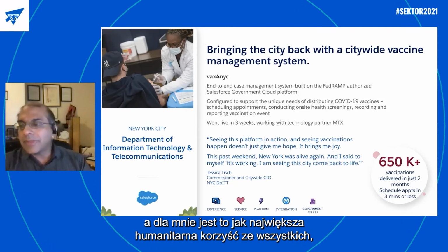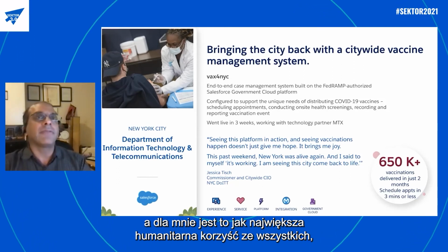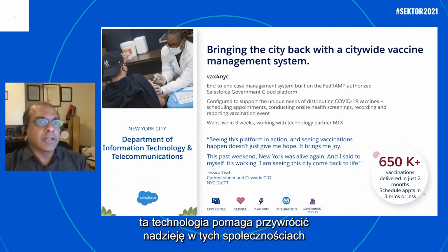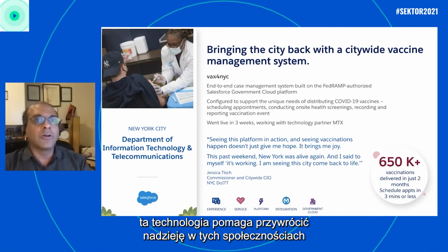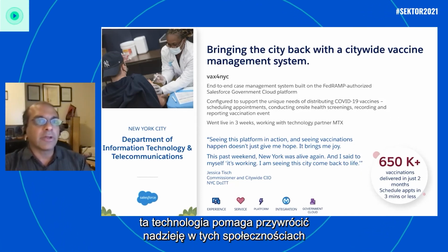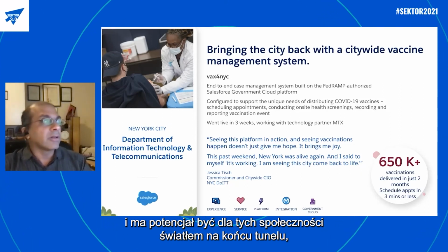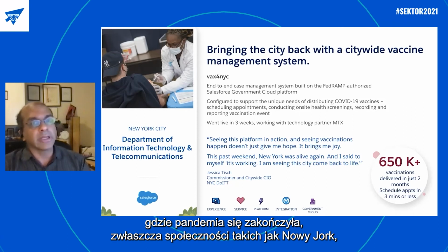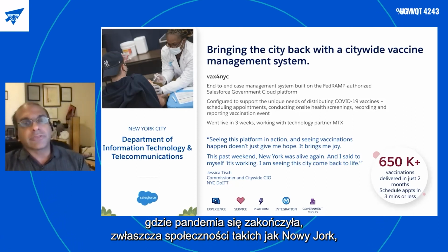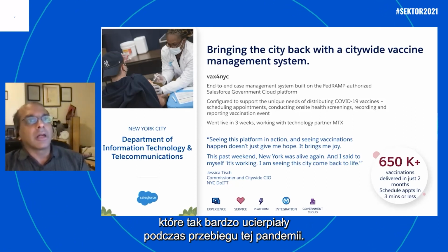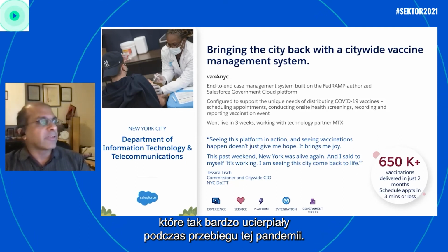And to me, that's the biggest humanitarian benefit of all of this technology, helping to restore hope into these communities and giving these communities a light at the end of the tunnel of where this pandemic's gone, especially communities like New York City, which have suffered so much through the course of this pandemic.